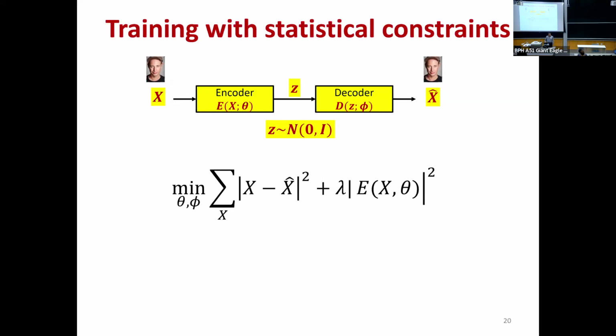Lambda is a weighting term which tells us how important it is to enforce the standard Gaussian distribution on z. It's a hyperparameter that can be set according to the results we get.